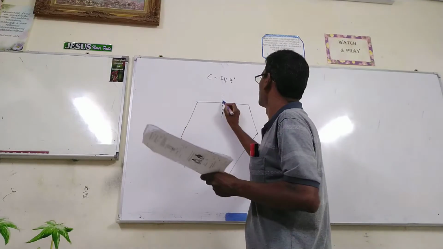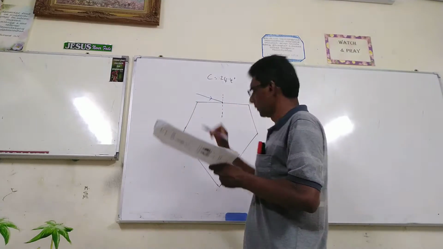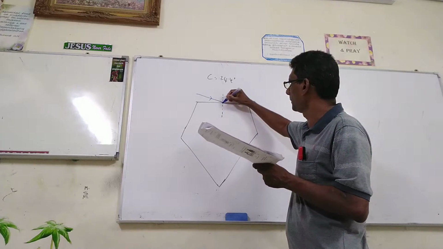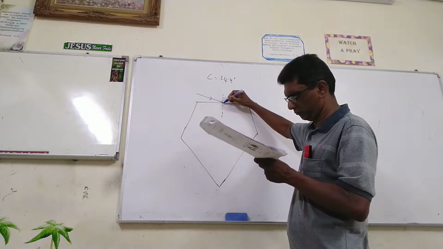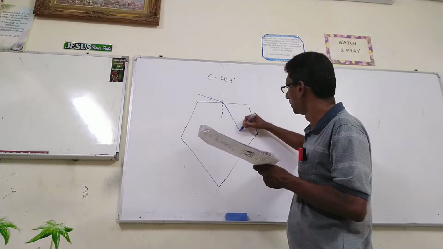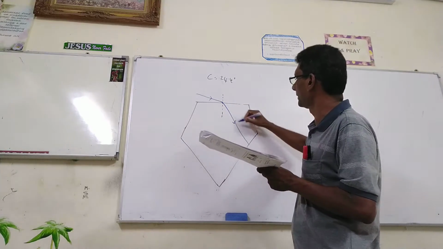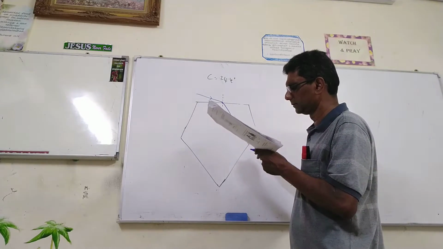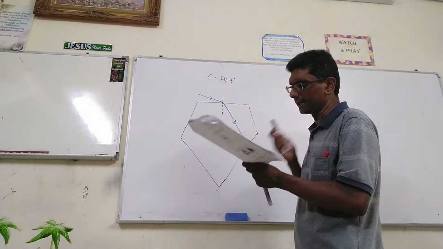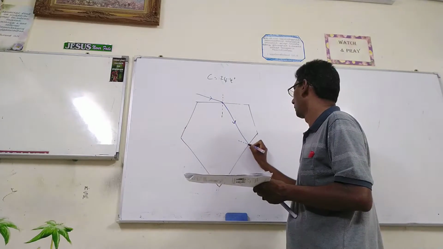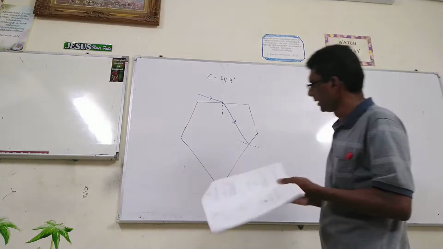The light ray is like this, and this is the normal line.